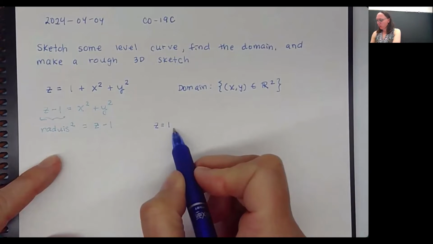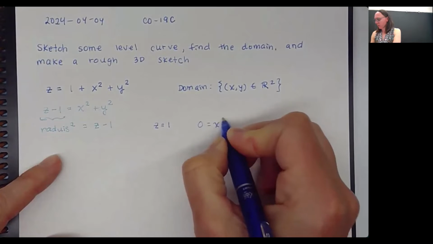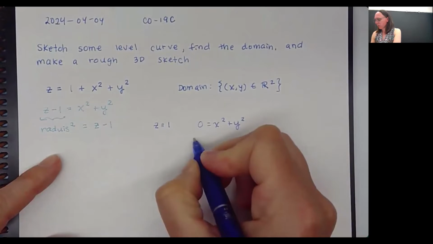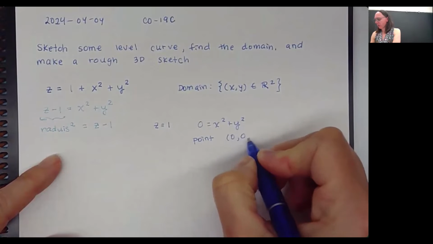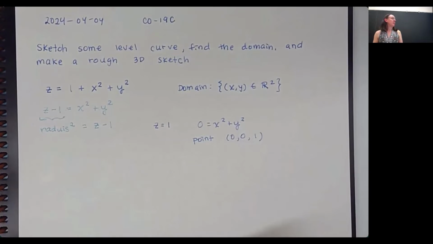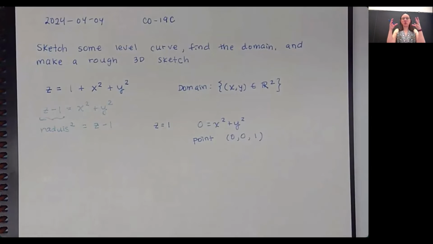So if z is equal to 1, this equation looks like 0 is equal to x squared plus y squared, which is just the point 0, 0, 1. Again, the 1 is coming from my height. A circle with a radius of 0 is just a point.